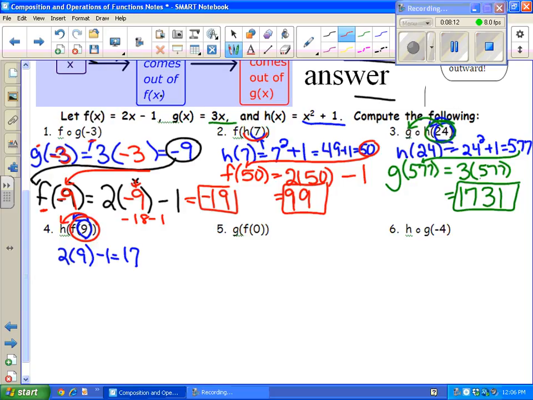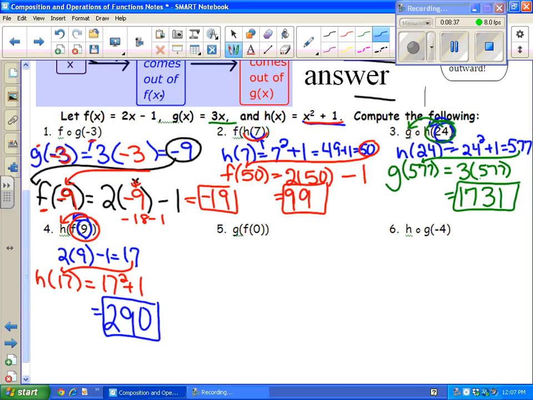Into H. So now I'm going to come up here to H, and I'm going to put what in there? 17. 17 squared plus 1, because that's what H is, x squared plus 1. And that's going to give me a big number too, 17 squared. I have to do it because I haven't done these. 17 squared plus 1, and I got 290. Second answer is my final answer.